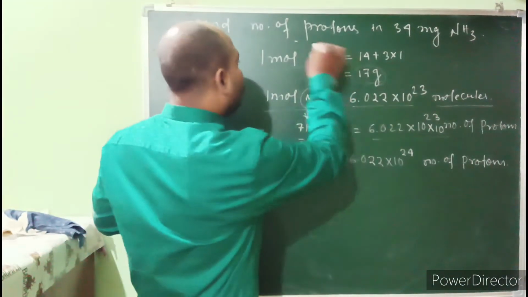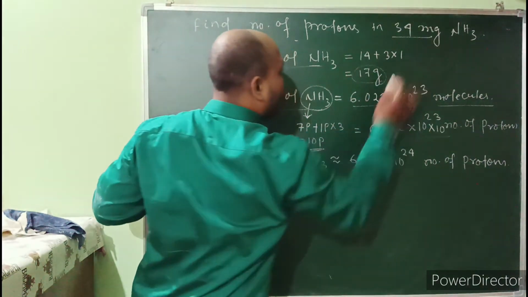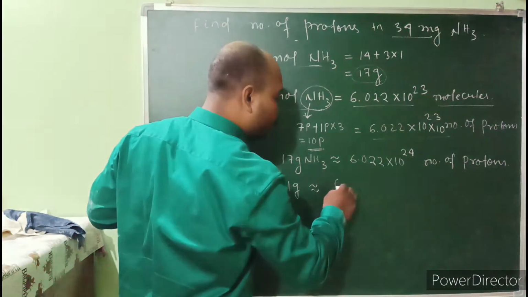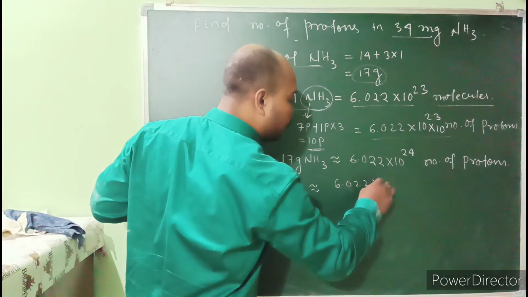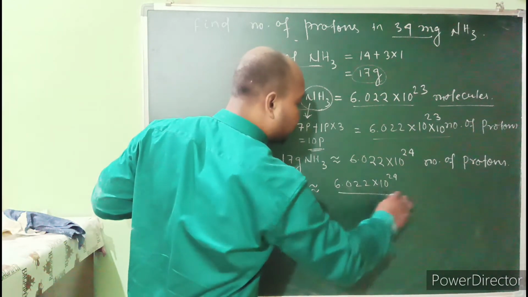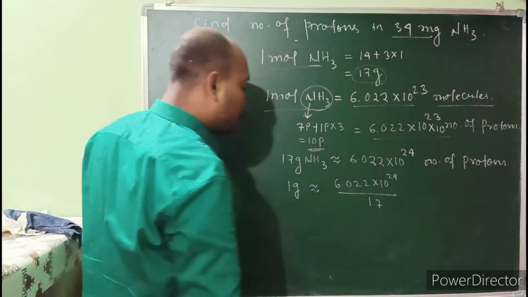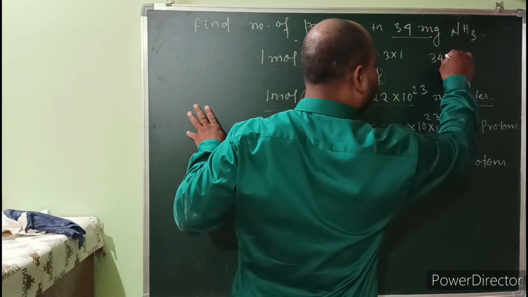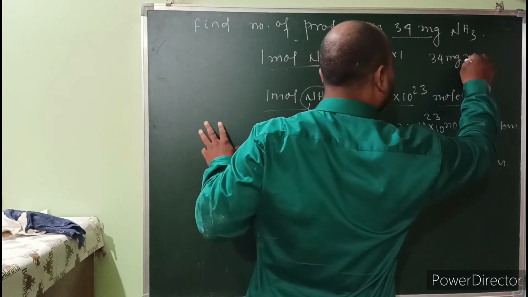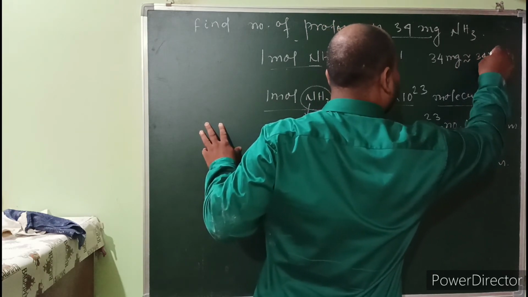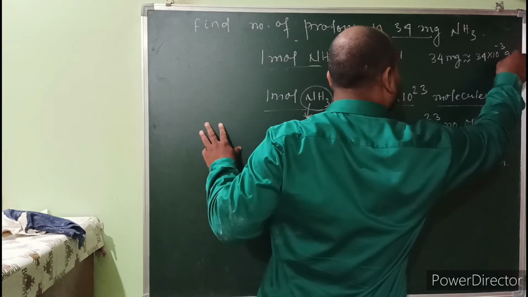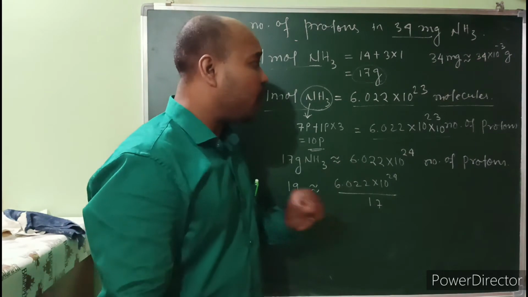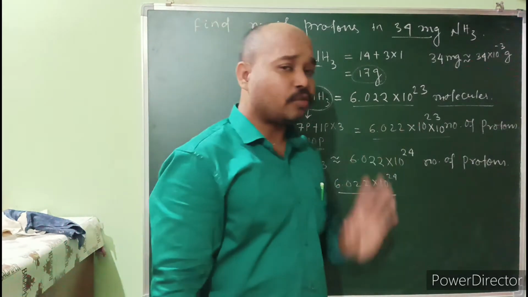Now our question gives 34 milligram, so 1 gram ammonia will be equivalent to 6.022 into 10 to the power 24 by 17. Given 34 milligram: 1 gram is 1000 milligram, so 1 milligram is equal to 10 to the power minus 3 gram.